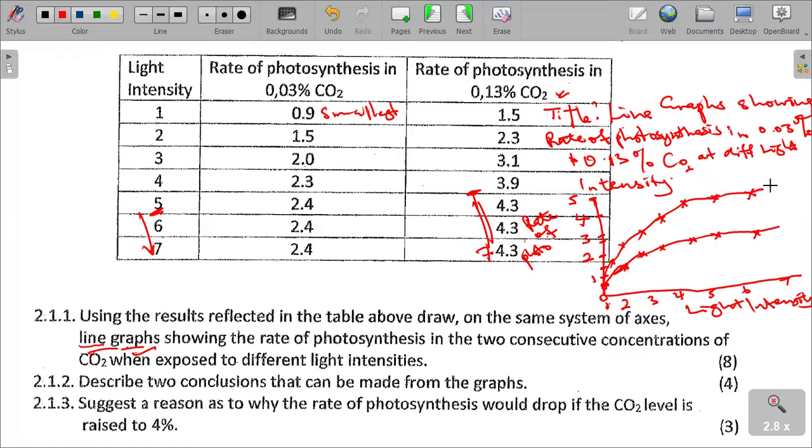So I can also label this 0.13%, and then this is 0.03%. As you can see there, these graphs are all drawn on the same set of axes.